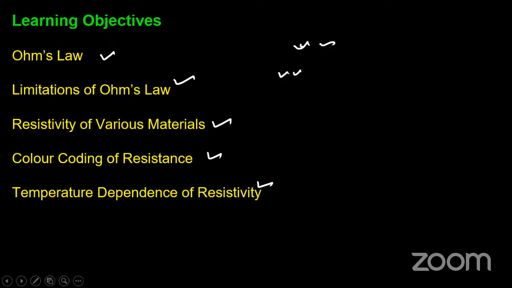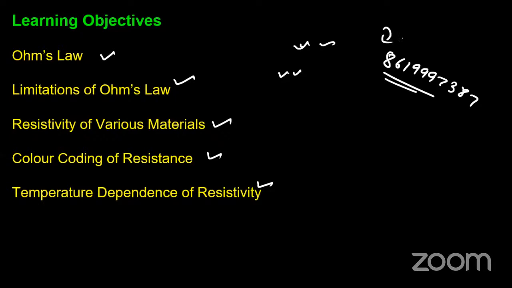And don't forget to text me on this number if you want me to make a group in which we can discuss all the things prior to the class, whether you want questions or anything else, because if the session is student centered, it means it's as per your demand. Did you understand?